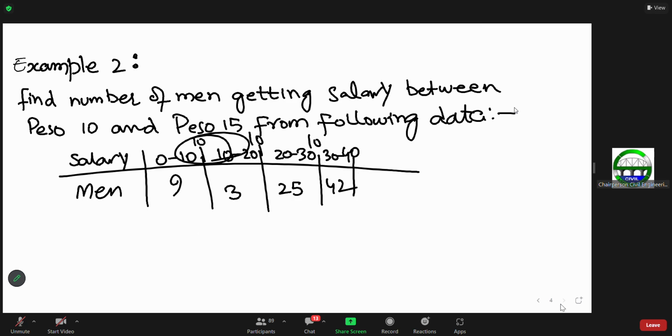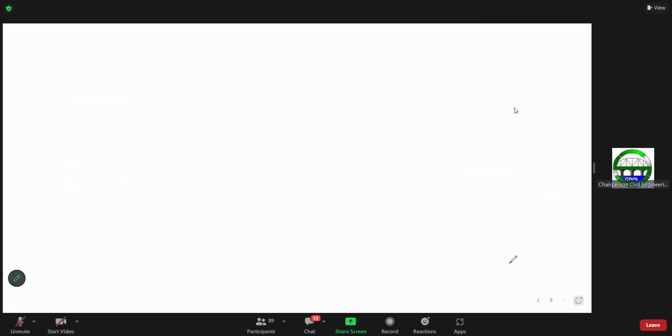So for this one, let me try to create another table. Let's make this table this way.